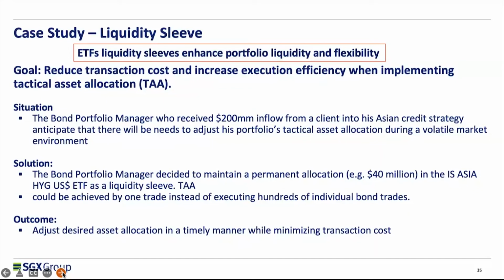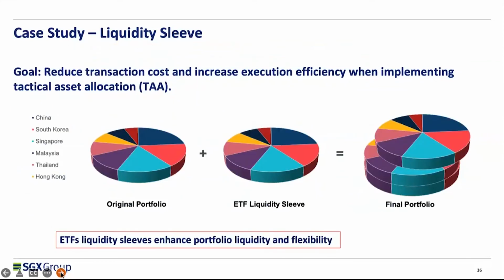Most of the time, you want to achieve efficiency first, in a very timely manner, and at the same time reduce transaction costs. So you want to very quickly assemble your portfolio as quickly as you can, right? In its original composition, that is what you want to do.